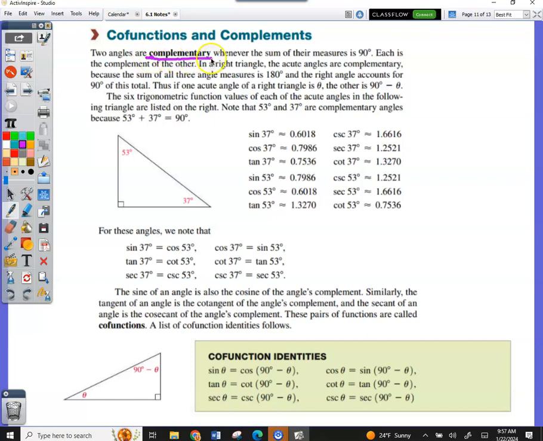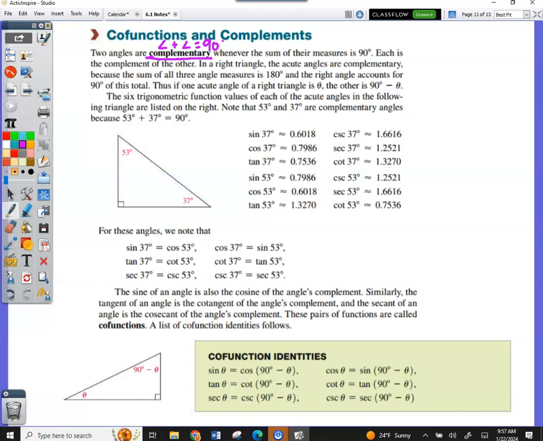Complementary means angle plus angle equals 90 degrees. Every time you have a right triangle, the two acute angles always have to add to 90 because the right angle is also 90 and it maxes out at 180. There's a relationship between the two acute angles and their co-function identities.